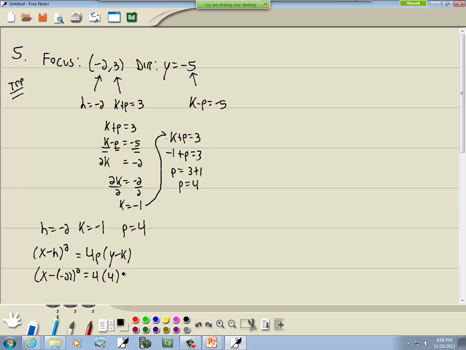P was 4. And y minus k, and k is negative 1. So negative negative becomes positive here, so we got x plus 2 squared. 4 times 4 is 16, and negative negative there gives me a positive, so we got y plus 1. And this would be our answer.